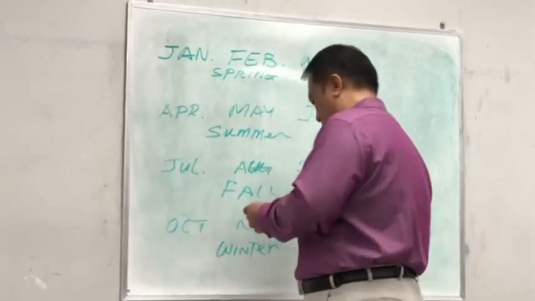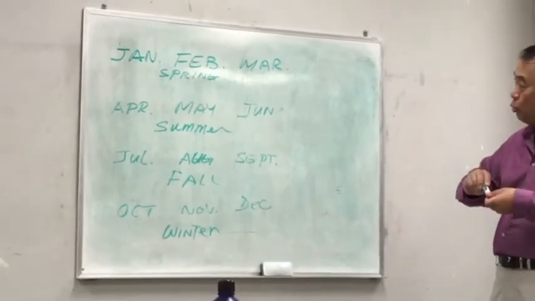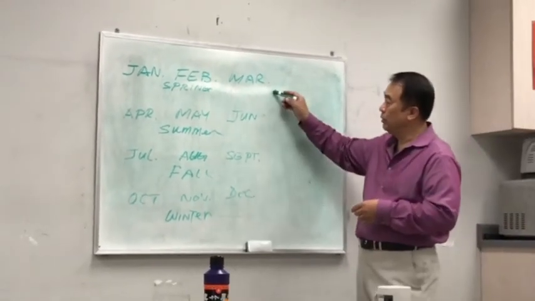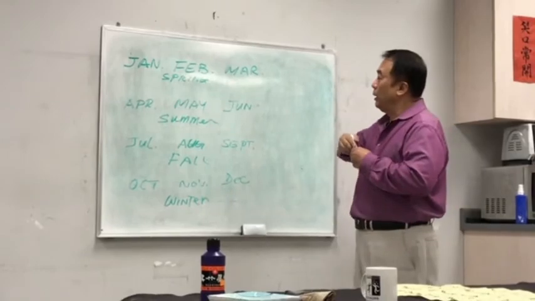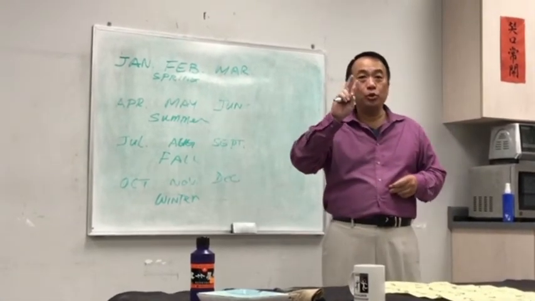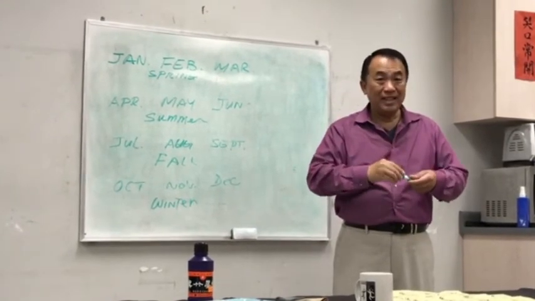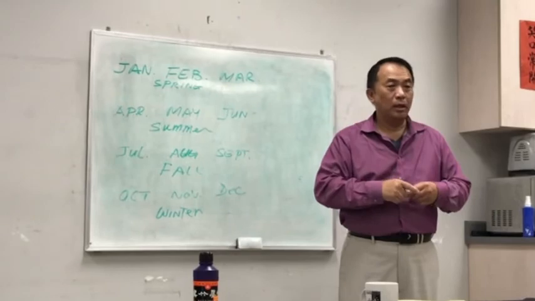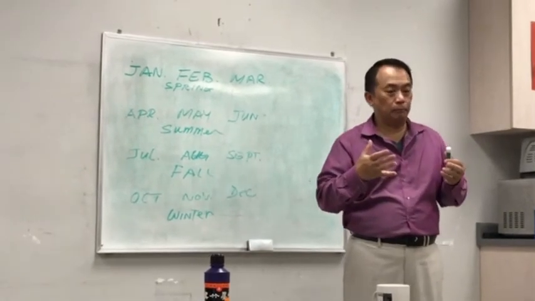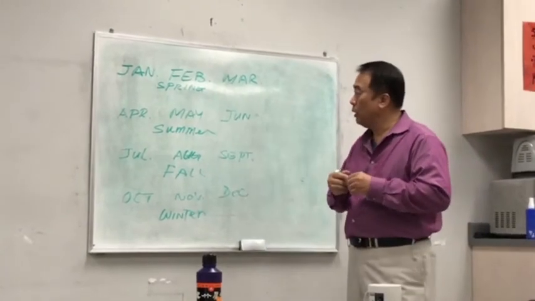Now in here, each quarter has a different season, different weather. In Chinese, each month we break down into 2 different types of 节气, I don't know how to say that in English, but I try to explain how the system works.